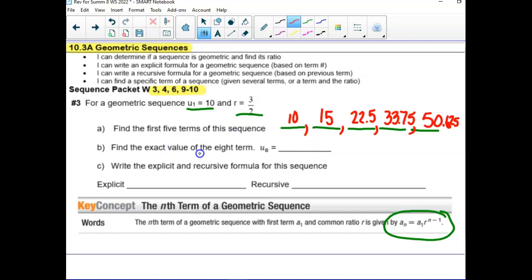Then this says find the exact value of the 8th term. And unfortunately, I think it's a real ugly decimal, but the calculator will change it into a fraction to get an exact value. But if we go with this, and the 8th term, we're already partway there. We're at the 5th term. So you could just find it that way. But normally, if I had to find the 8th term, I would have said I'm going to take the first term times the r value, 8 minus 1 times.